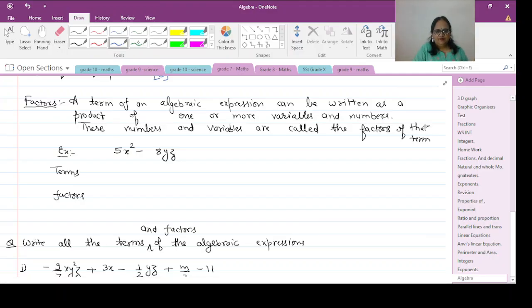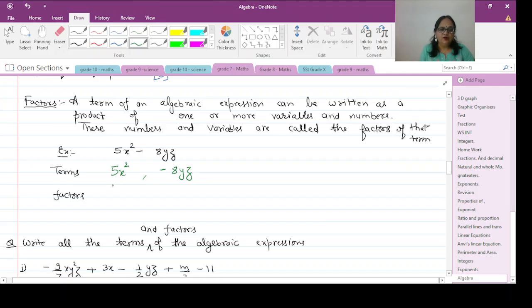Definition थोड़ी सी पढ़ने में अजीब लग रही होगी, चलो कोई नहीं, एक बार करते हैं तो समझ में आएगा. देखो, 5x square minus 8yz. So here we are having two terms, 5x square comma minus 8yz. ठीक? So these are the terms.